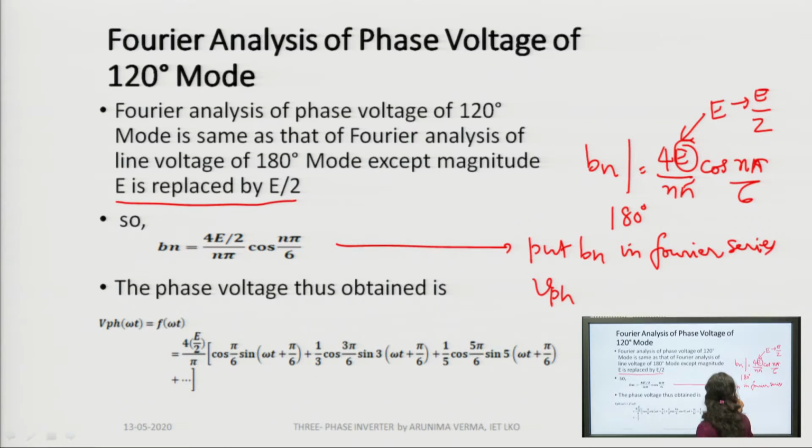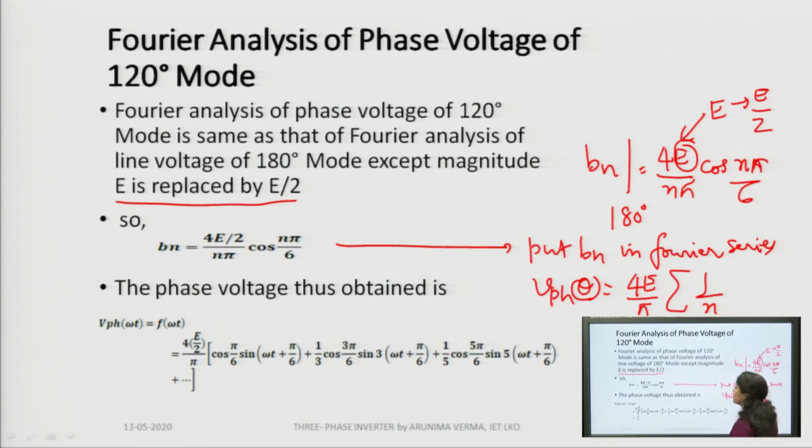So, for the phase voltage we will give the symbol as Vph, and we will have 4 E by pi, which is a constant magnitude, and put the fraction 1 by n along with cos n pi by 6 into sin n theta, and this n is varying for odd numbers.